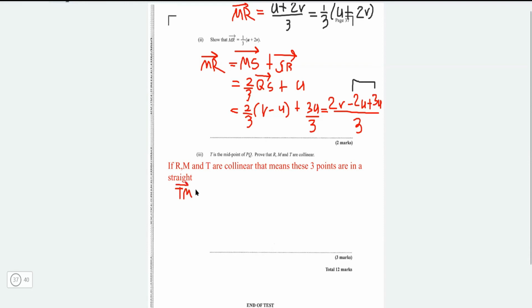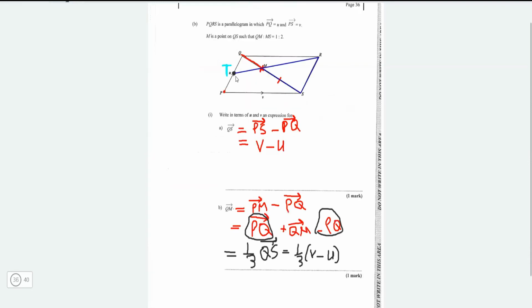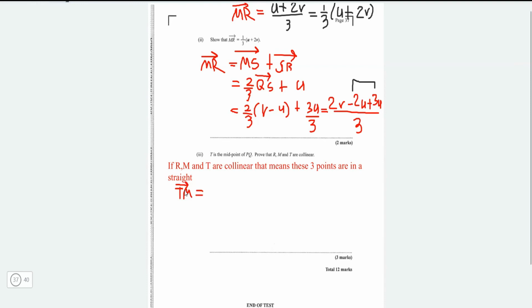So vector TM is going to be equal to, going back around here, how would we go from vector T to vector M? To go from T to M, we would go from T to Q, then from Q to M. So vector TM would be going from T to Q, and then from Q to M. But TQ is what?